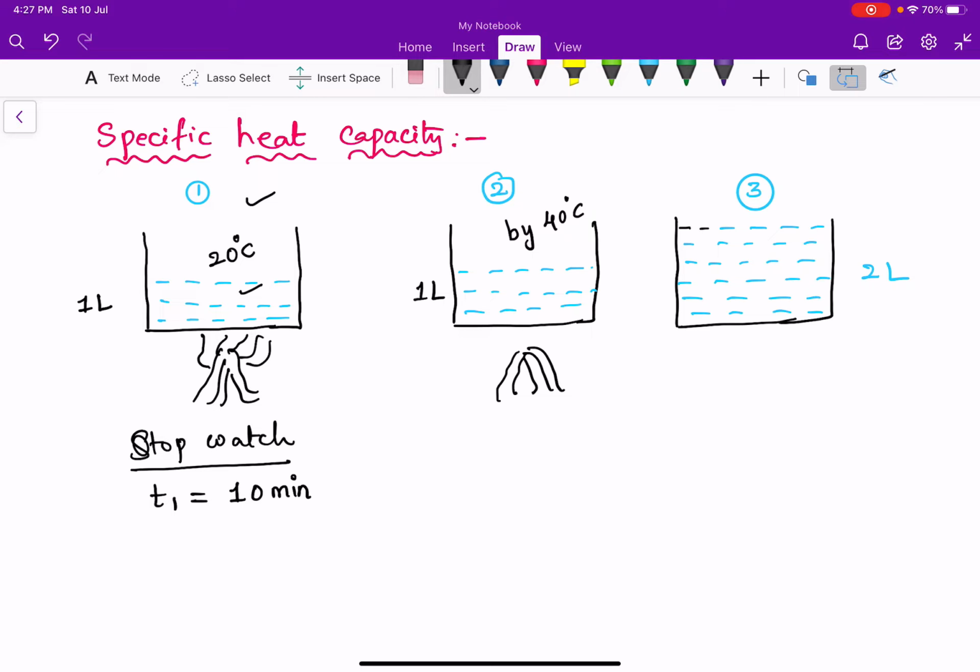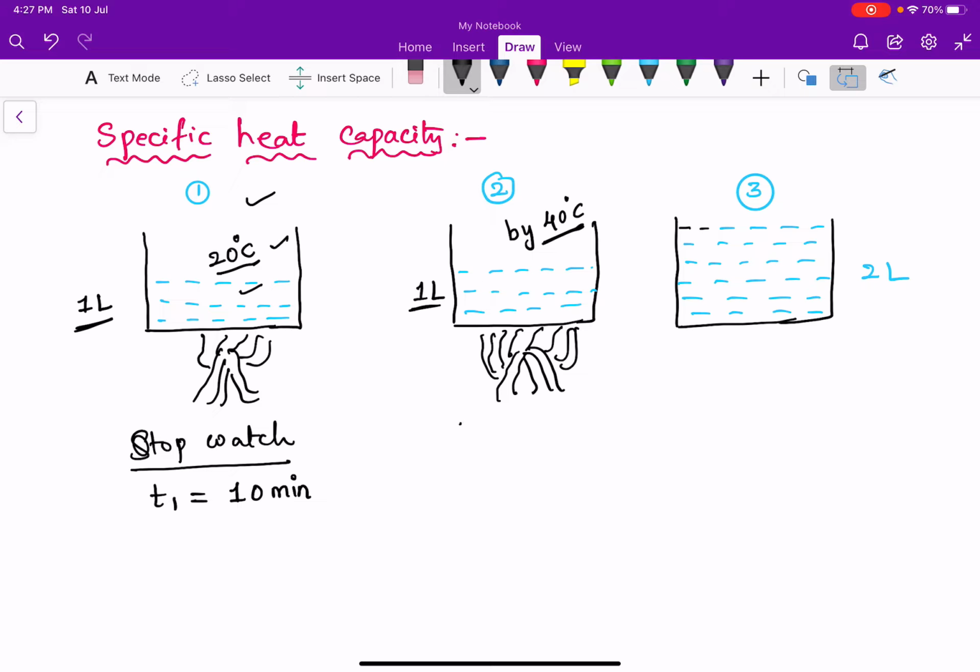That means the temperature difference in the first case is 20 degrees Celsius, and in the second case it is 40 degrees Celsius. We have taken the same amount of water in the first two vessels, and now the temperature difference is 40 degrees Celsius, double the first case.